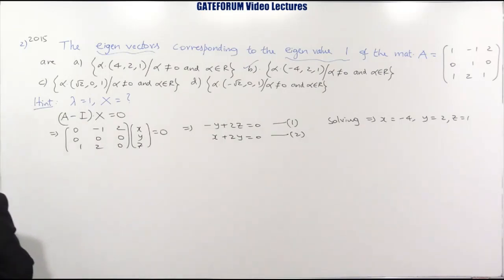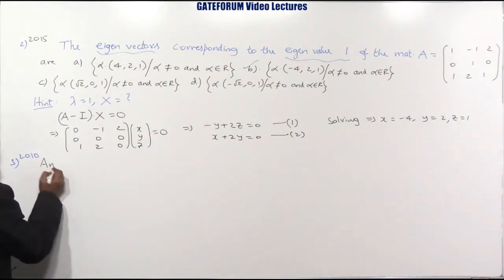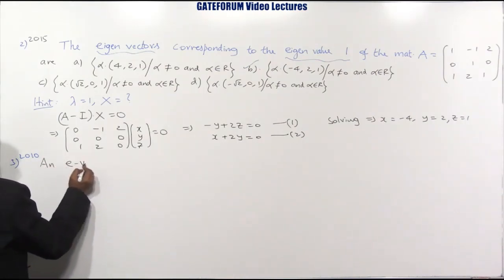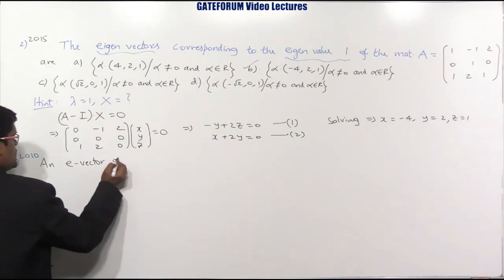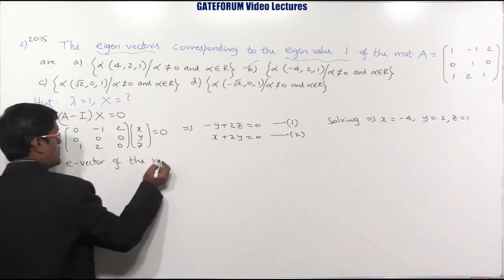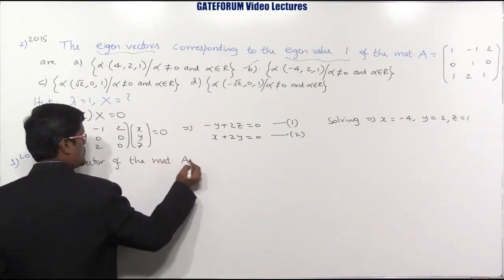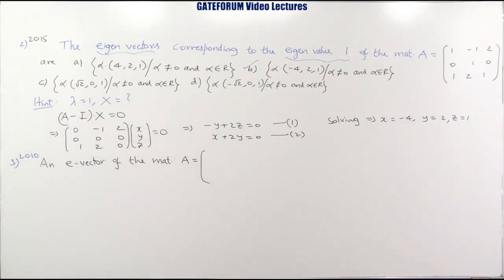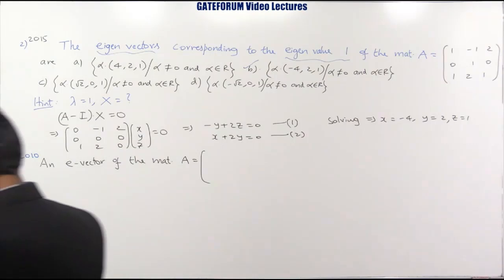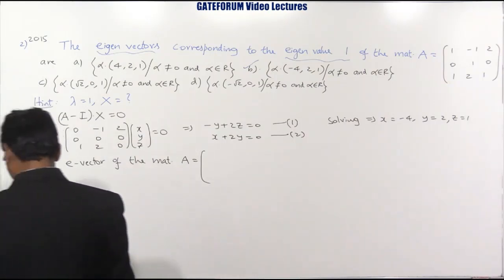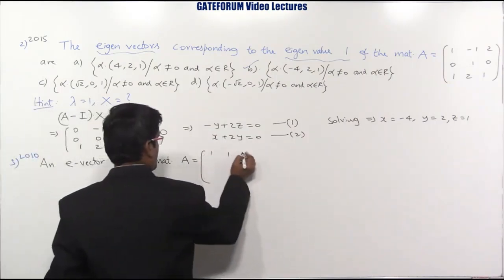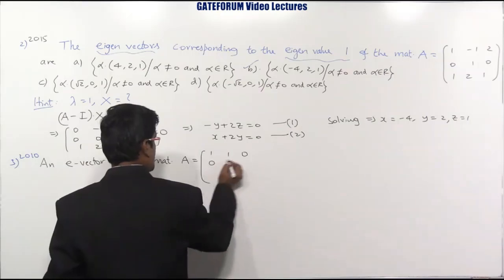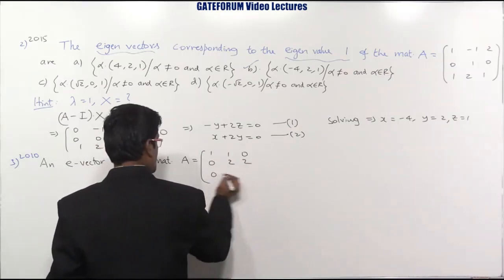So another way of asking this type of eigenvector question: 3, 2, 0, 1, 0, and E vector, that means eigenvector of the matrix A is equal to, again a 3 by 3 matrix, 1, 1, 0, 0, 2, 2, 0, 0, 3.